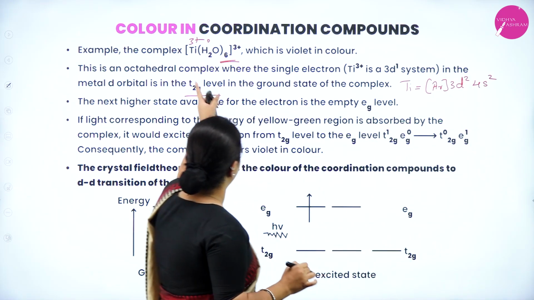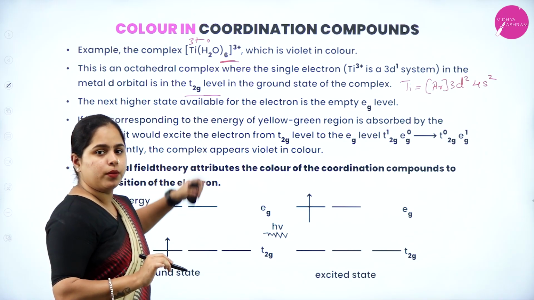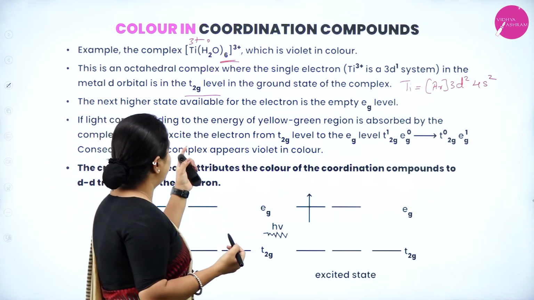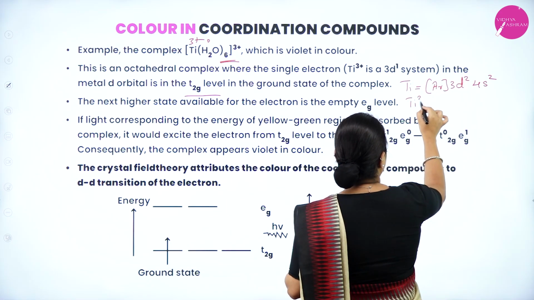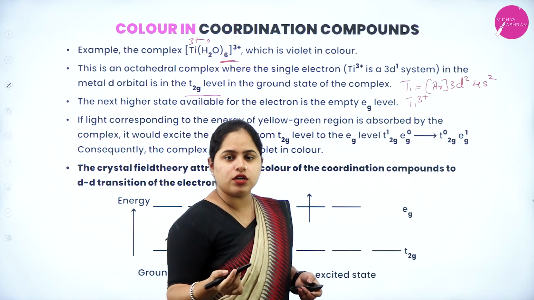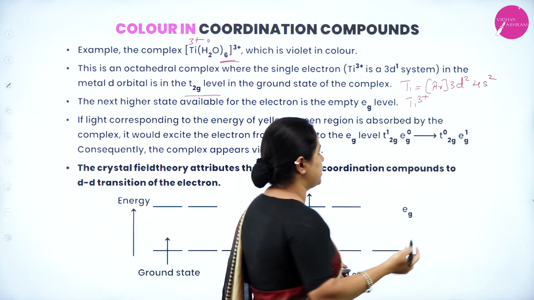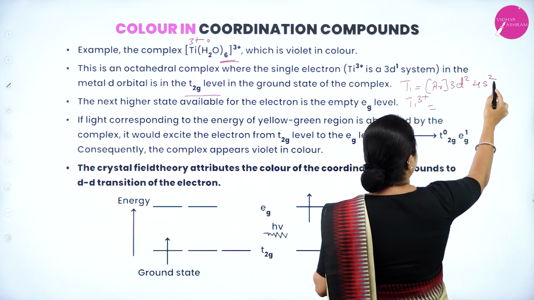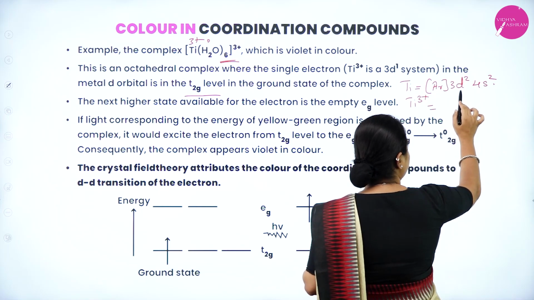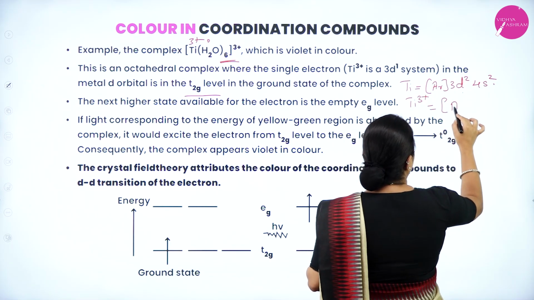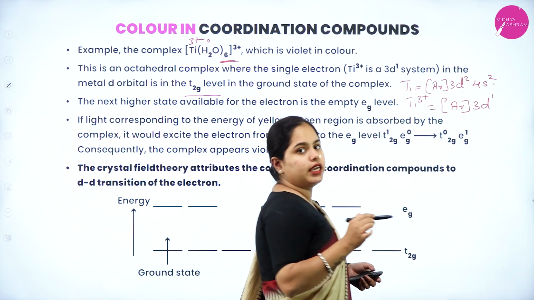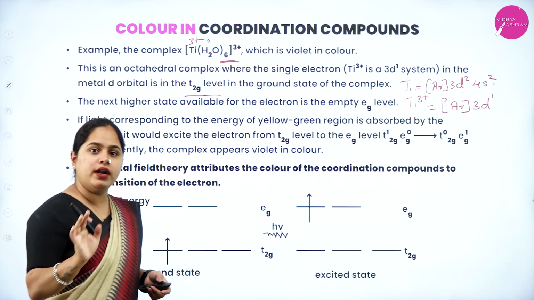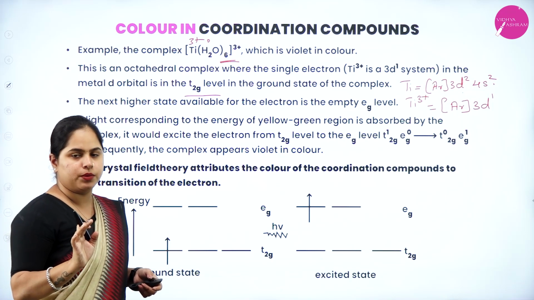So in this particular complex, when titanium is forming a complex with aqua, [Ti(H2O)6]3+, the oxidation state is 3+. So what happens? 2 electrons from the s orbital and 1 electron from the d orbital will go. So what will be the electronic configuration in the 3+ oxidation state? It will be 3d1. Okay. So only 1 electron is present in the d orbital. Okay.